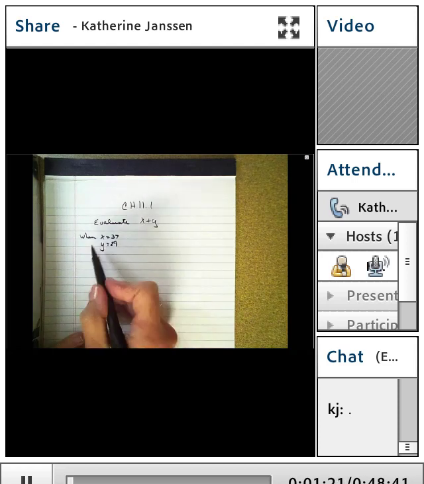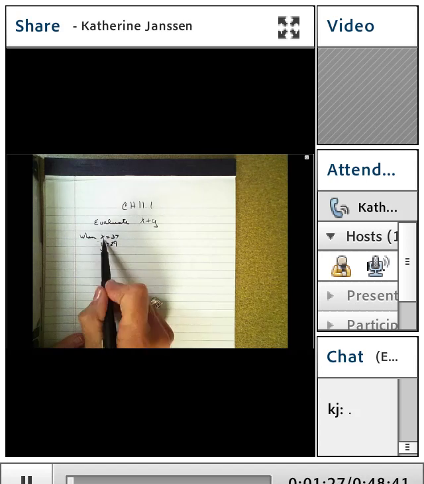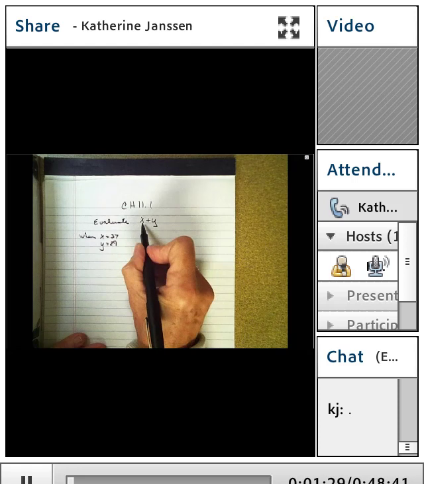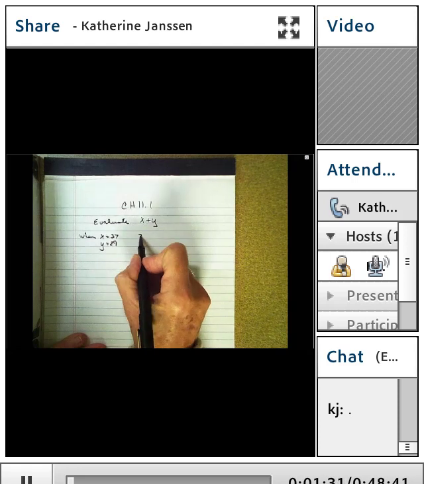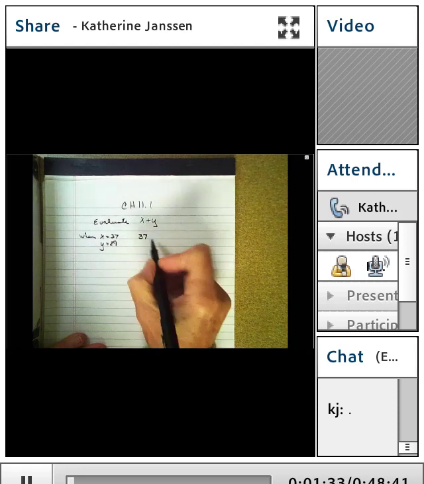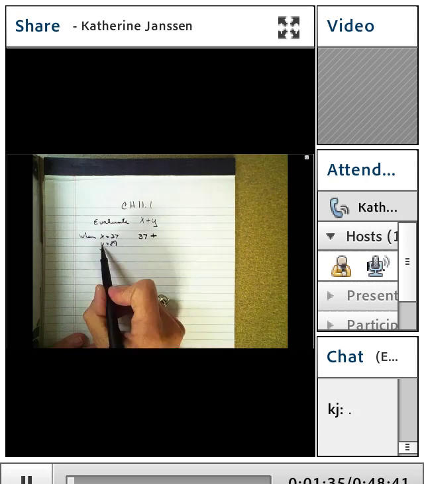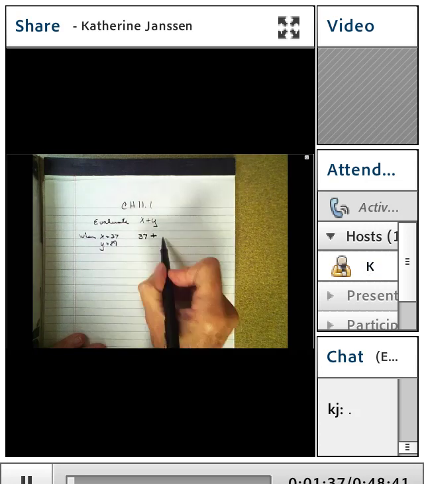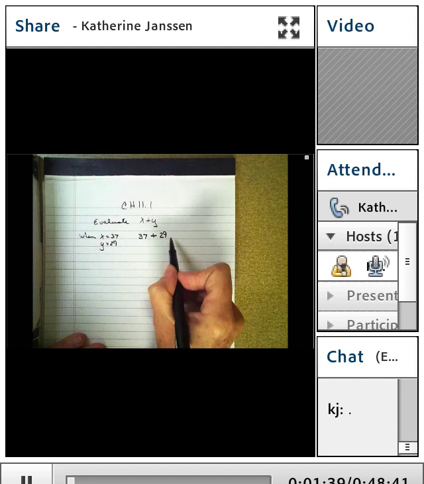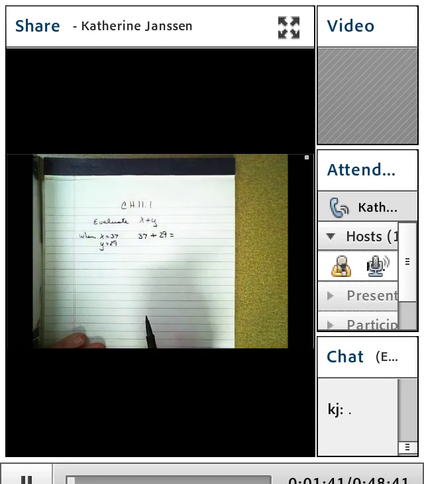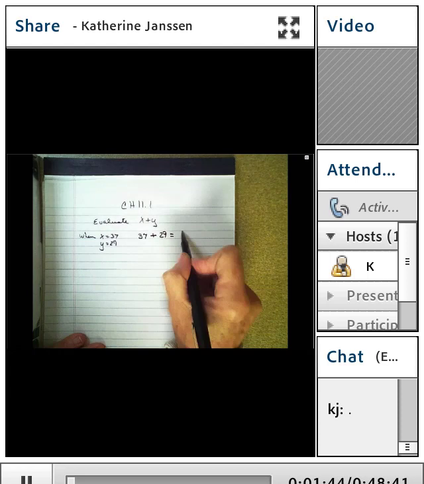So this just means that at this point in time, x is 37. For every occurrence of x, I'm carefully substituting 37. I'll copy everything else down the same. And for every occurrence of y, I'm going to carefully substitute 29. And then adding 37 plus 29 is 66.